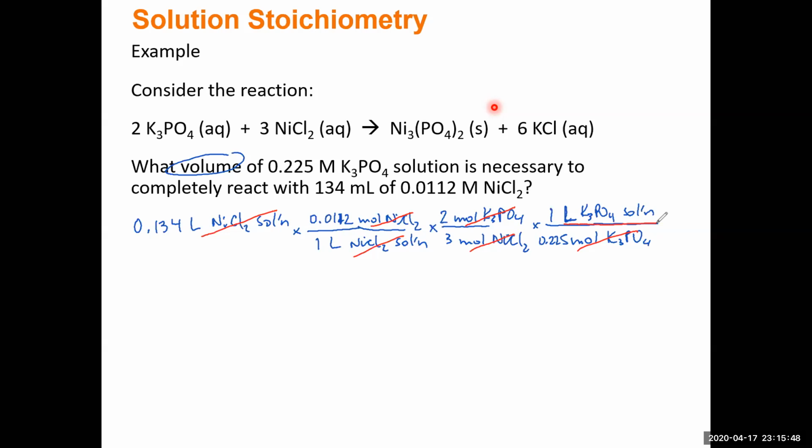So our answer comes out to 0.00445 liters of the K3PO4 solution.